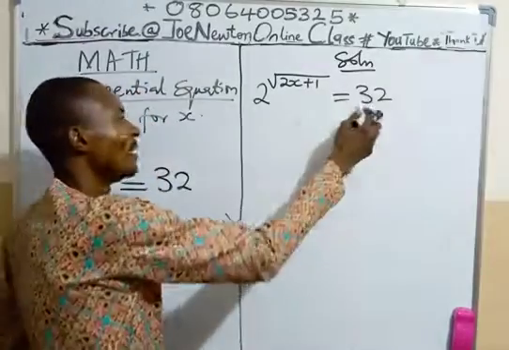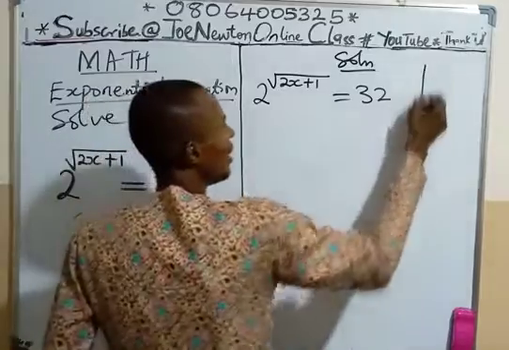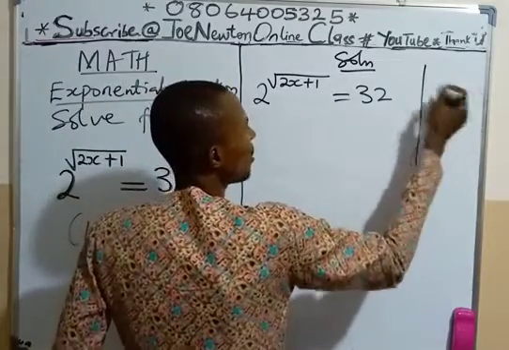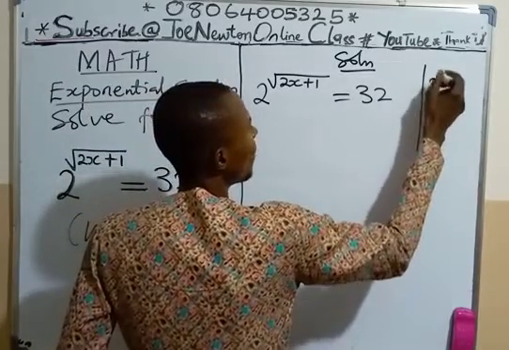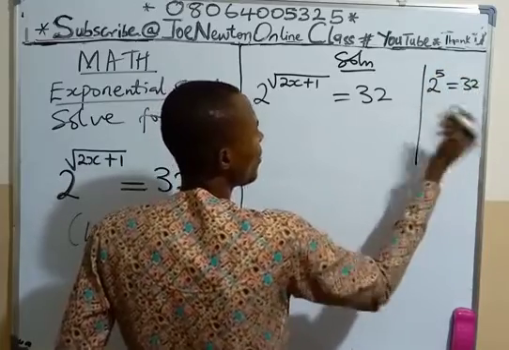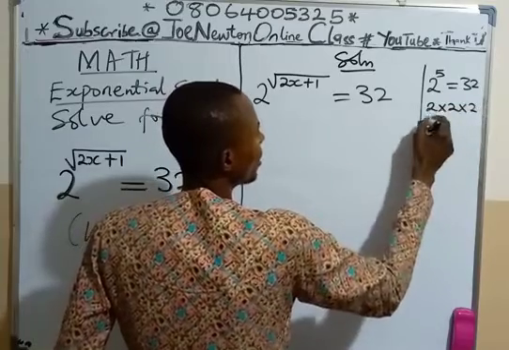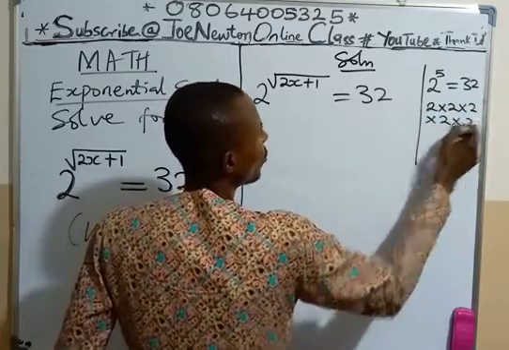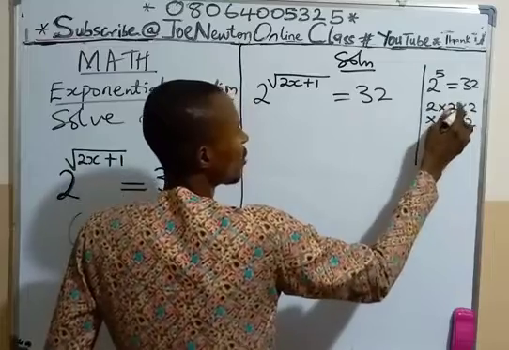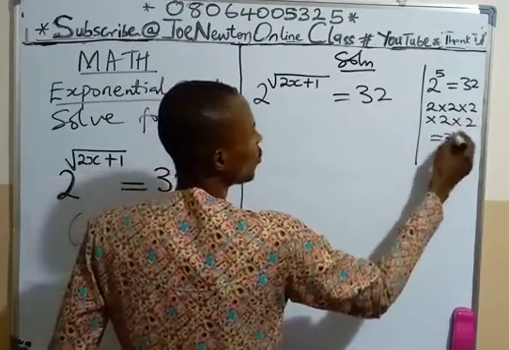So the bases will be equivalent. Then without wasting time, bear with me that 2 raised to power 5 will give us 32. This is because 2 times 2 is 4, 4 times 2 is 8, 8 times 2 is 16, 16 times 2 is 32.